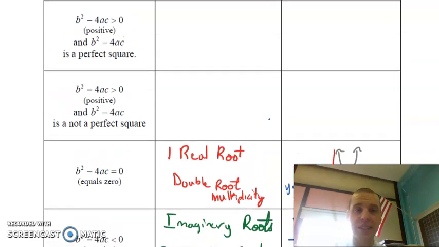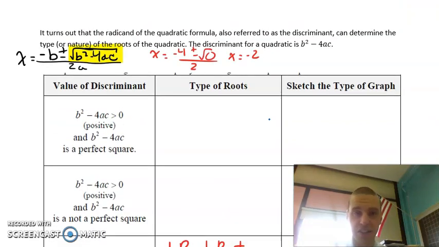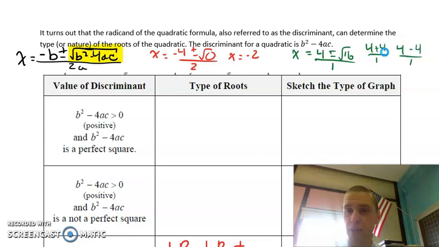The last one is if the discriminant is greater than 0. Now we could get an example here of x equals 4 plus or minus the square root of 16 over 1. And in this case you're going to get 4 plus 4 over 1 and 4 minus 4 over 1. These are nice roots, and that's because it's a perfect square.